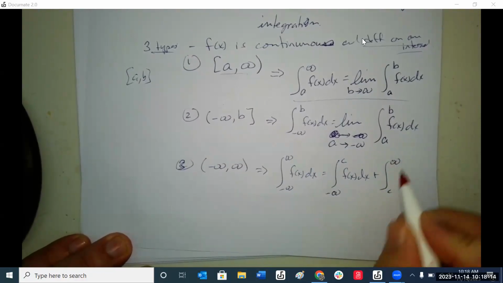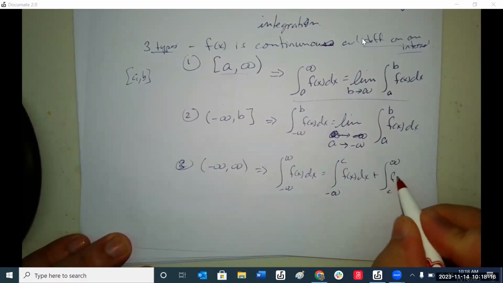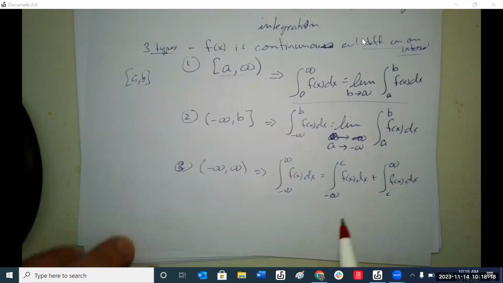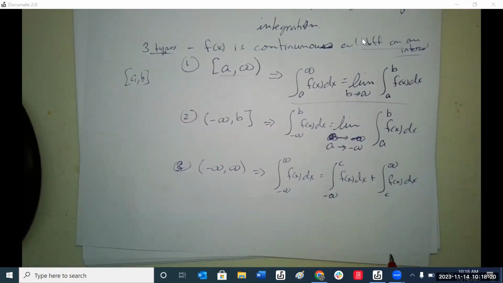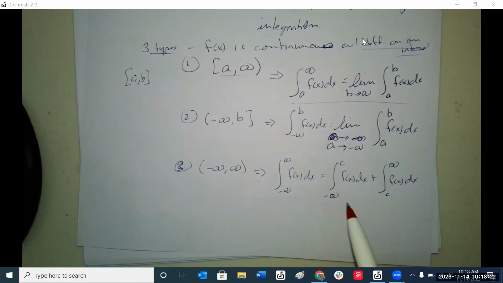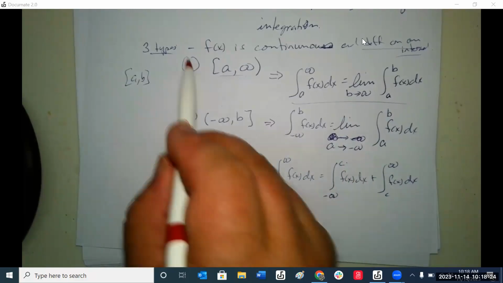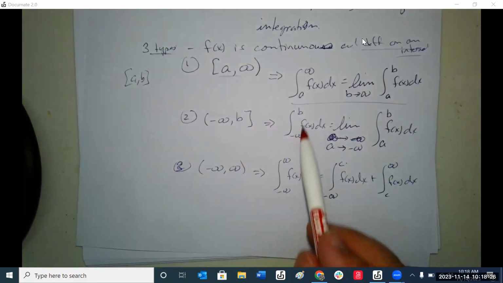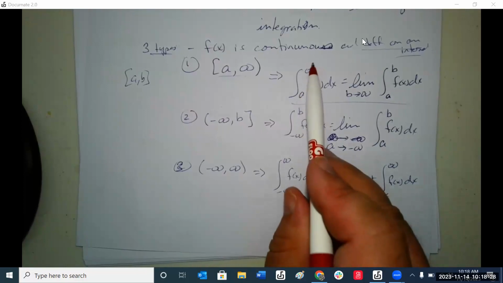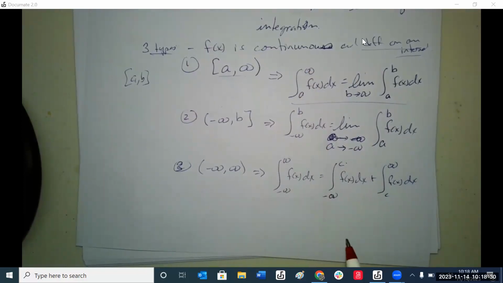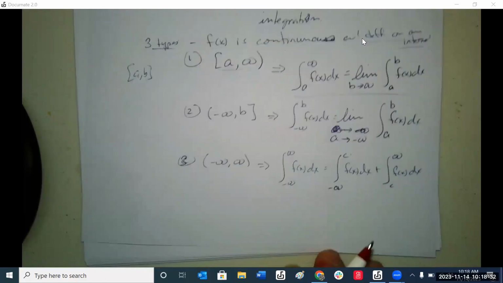We'll have some intermediary point C, and it's irrelevant which value C you're picking. So we're going to make it into both of these, from negative infinity to b, and then from a to infinity.